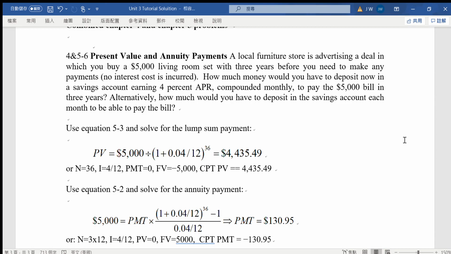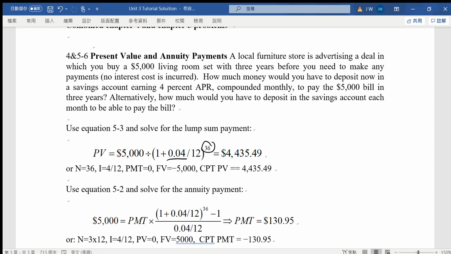The interest rate is 4%, but this is an annual rate, so you need to divide it by 12 to make it monthly. You need to accumulate the value for 3 years, so the total number of months is 36.